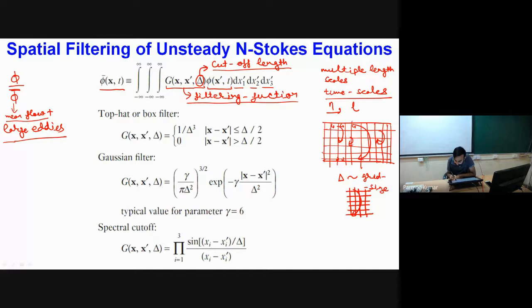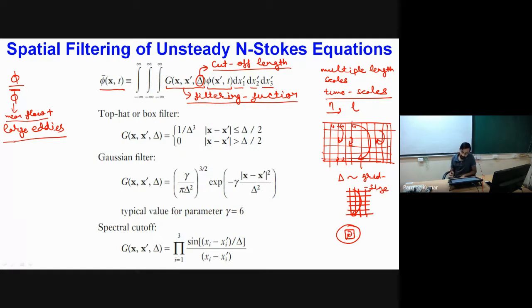However, for some of these other eddies that I have drawn, there is a cell and in between the cells there is a turbulent eddy. Under this condition, we will not be able to properly resolve the smallest eddies.